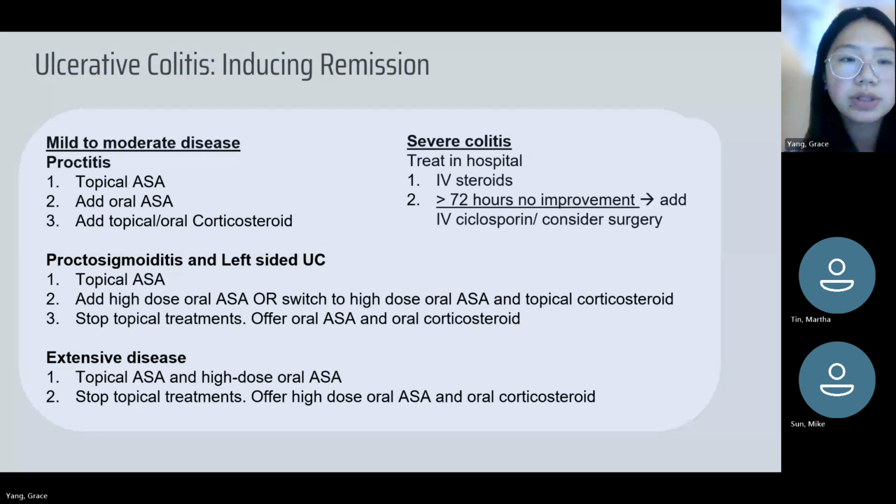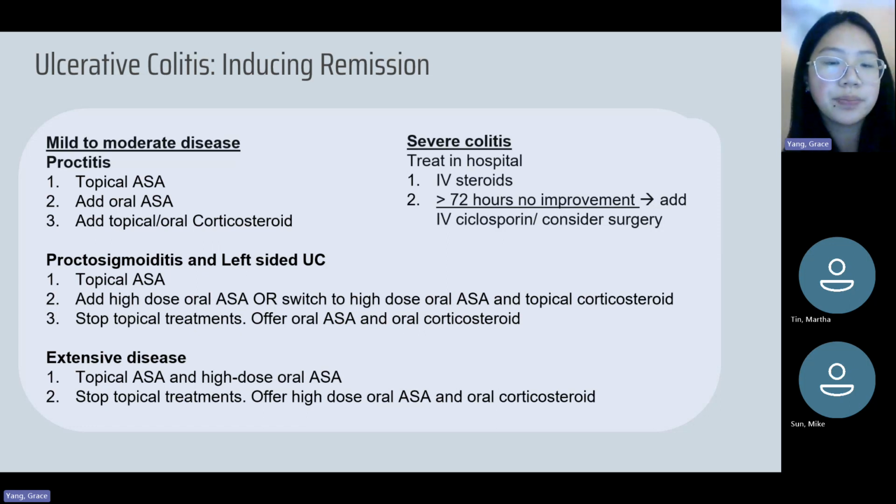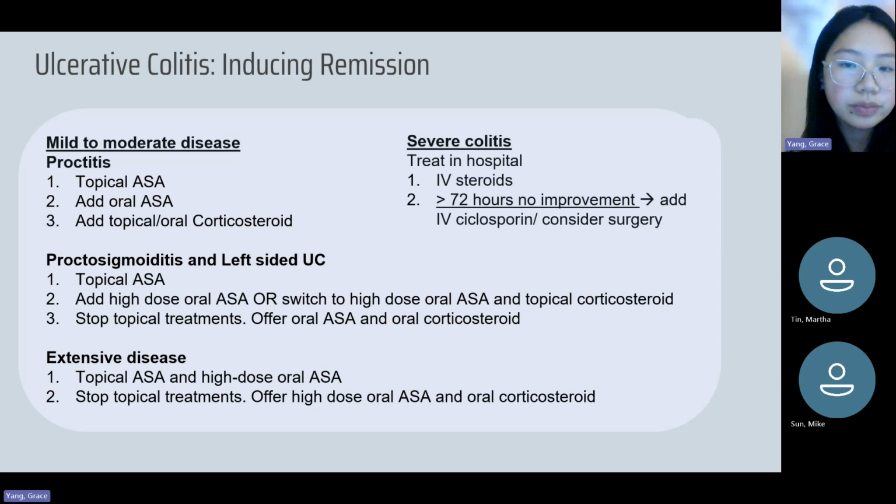Proctitis means it's just an inflammation of the rectum, and proctosigmoiditis is when you have inflammation of the rectum and the sigmoid colon. So these are just treatments that you have to remember. Usually it just goes from topical mesalazine, and then oral, and then topical, oral corticosteroids.